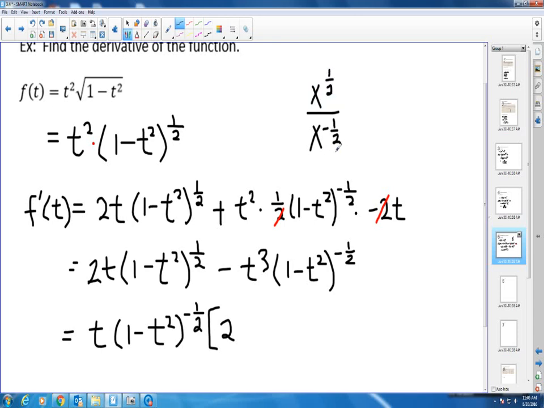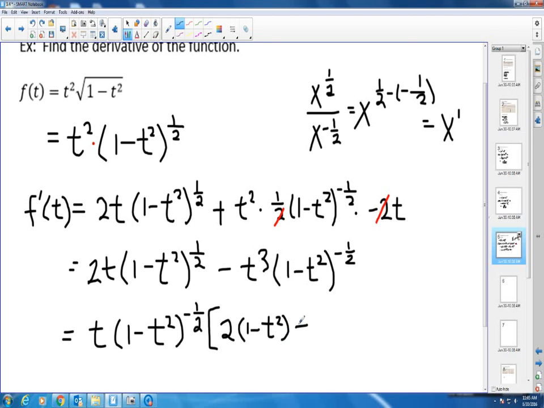So my top exponent will subtract the bottom one. If I subtract a negative half, that will actually give me positive 1 here. So that will be something to the first power, and that something is my 1 minus t squared.